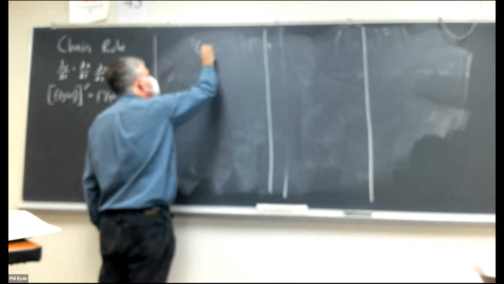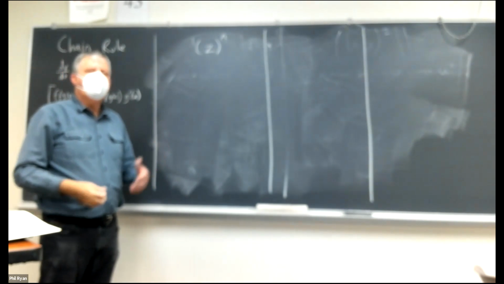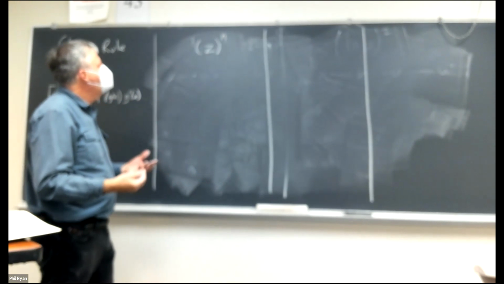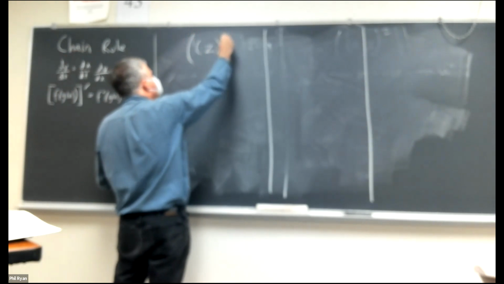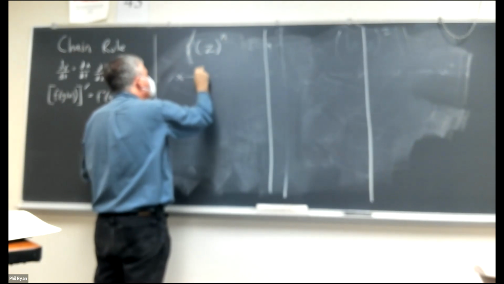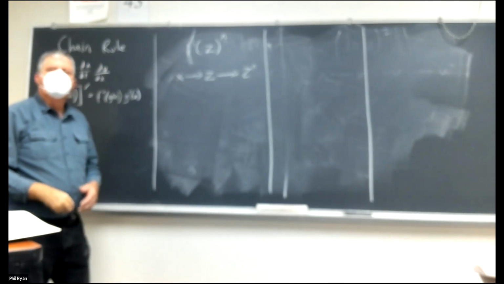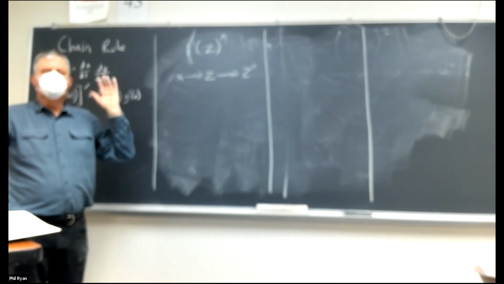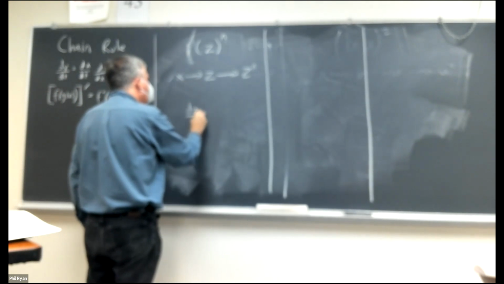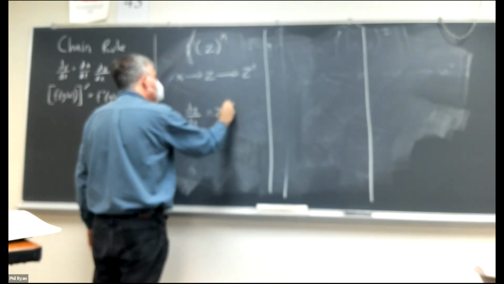Let's call that something z, so z to the n. z could be anything. It could be a polynomial, it could be an exponential, it could be a log. The chain is going to be x going to z to the n, no matter what z is. And so the derivative then is going to be dz/dx times n z to the n minus 1.